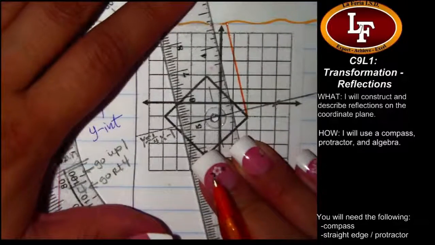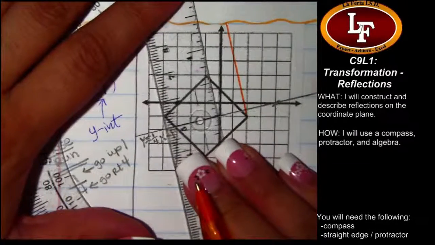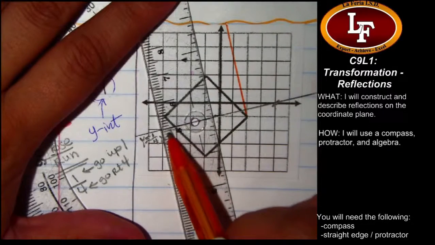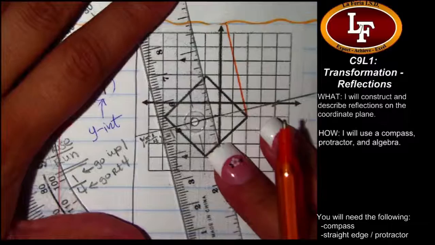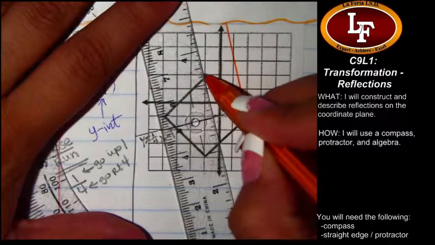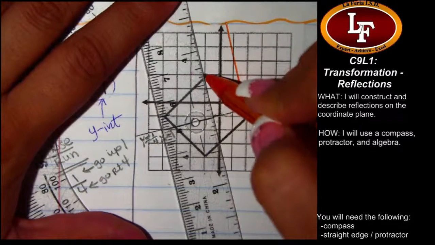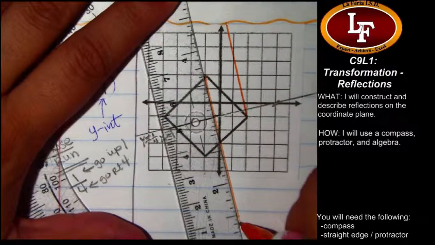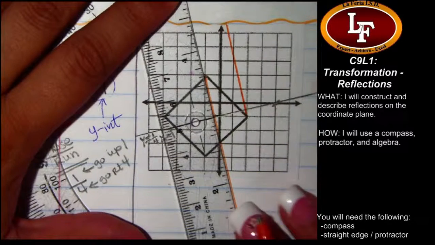Slide my protractor to the next vertex. I'm making sure to keep this lined up nice and straight. There's my vertex. This is above the line of reflection, so I need this line to go down, below. Remember this from Monday? We're repeating it from Monday.